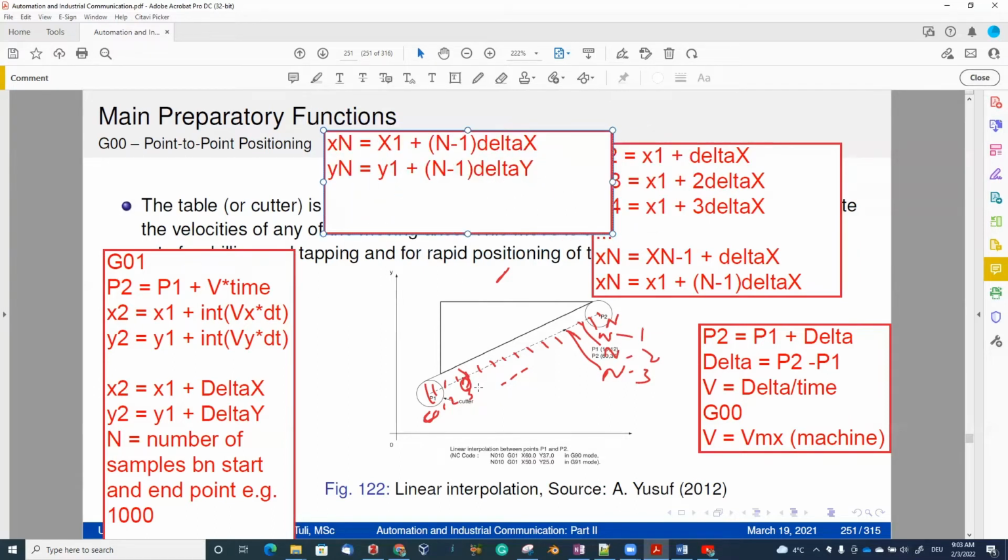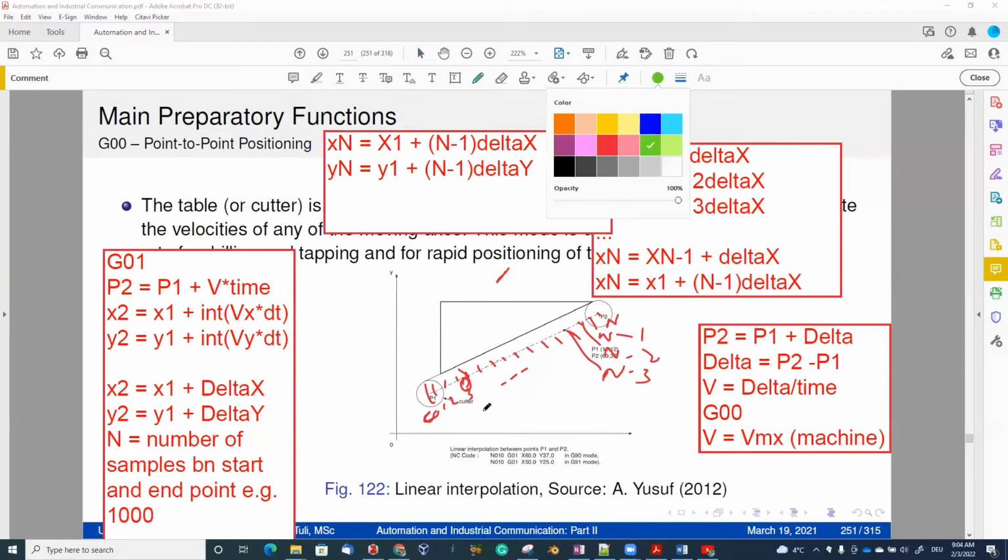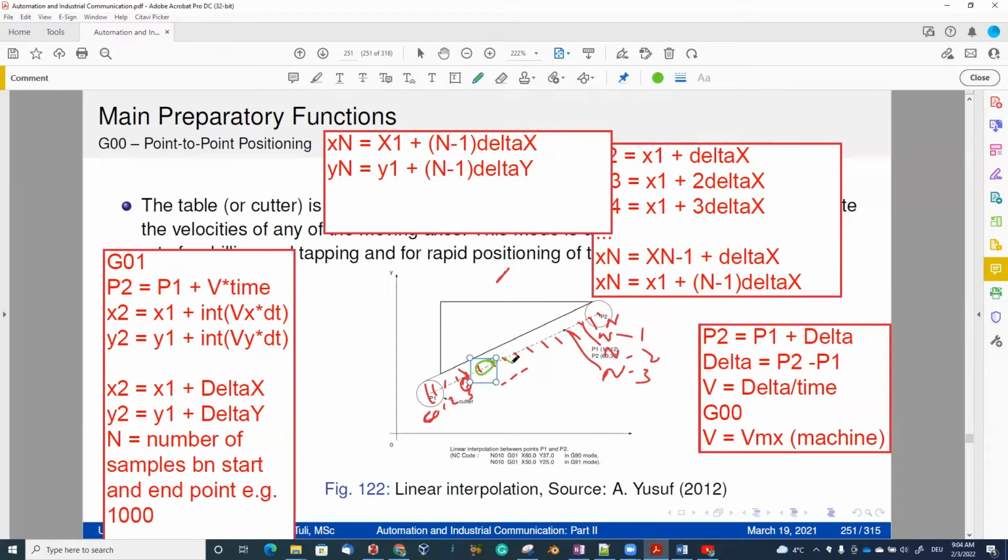Delta is the smallest distance between these points.